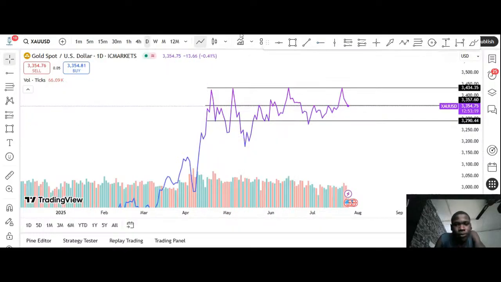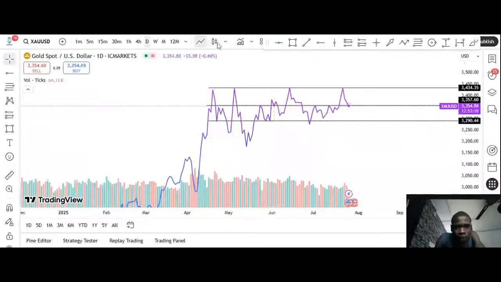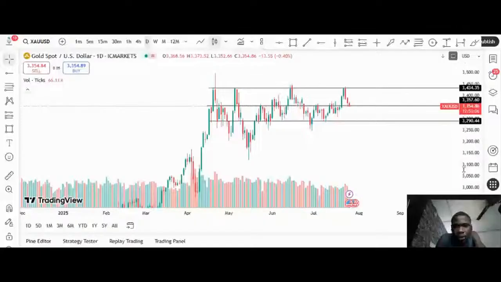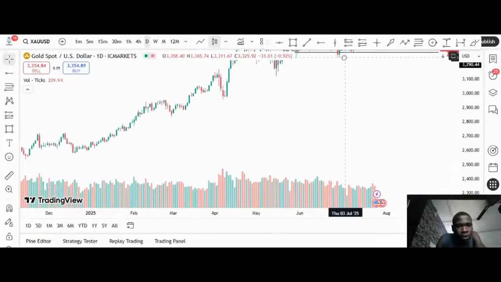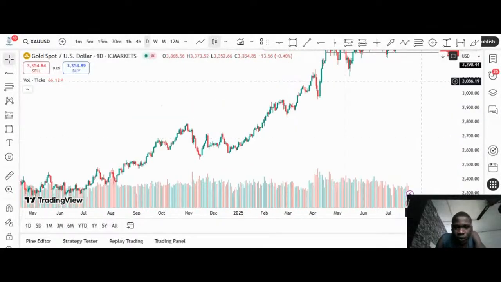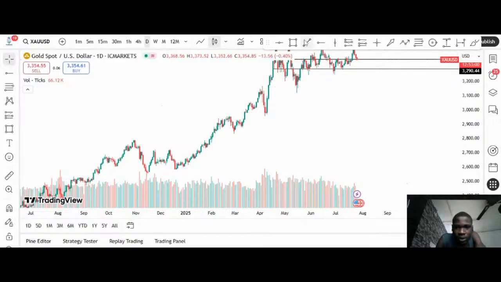So when we are done with that, you go to the candlestick chart. We check for trend line bounces. For example, you can draw this trend line here.